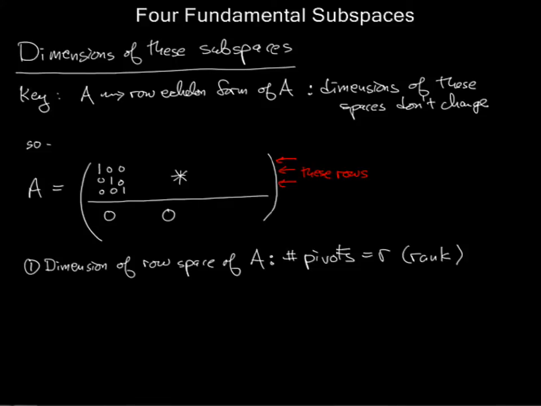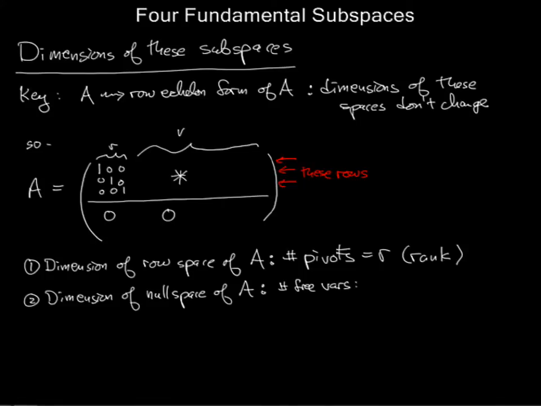And that number, which we'll denote r, is the rank. Now let's look next at the dimension of the null space of A. Well, we know what that is. It's the number of free variables, and that's these columns over here, and there are n minus r of those. Okay, so we've seen all of this before.